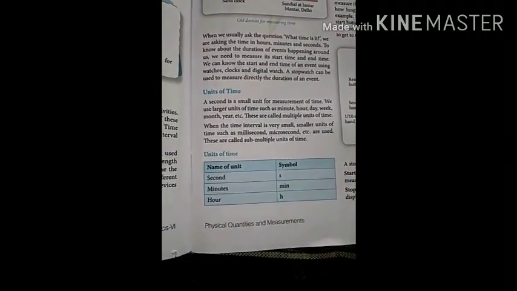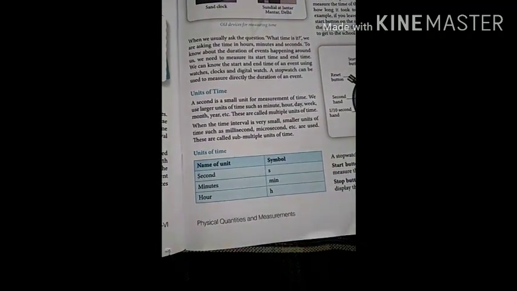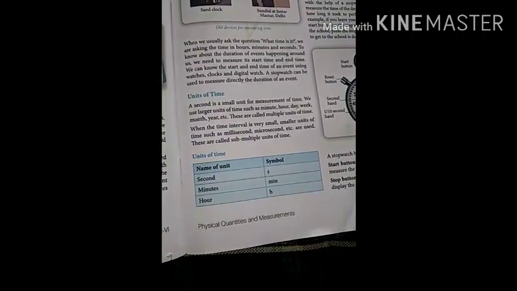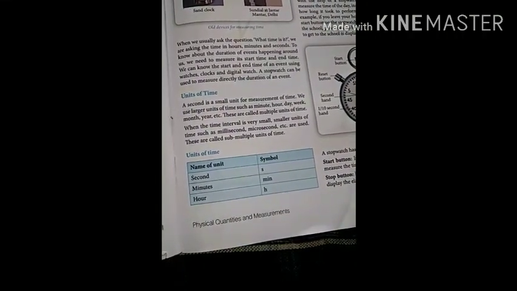Now units of time. Second is the smaller unit for measurement of time. The larger units are minute, hour, day, week, month, year. These larger units are called the multiple units of time. When the time interval is very small, smaller units of time such as millisecond, microsecond, etc. are used.